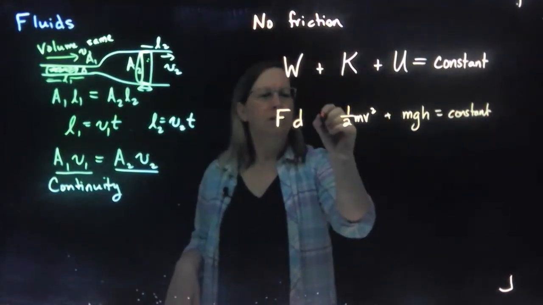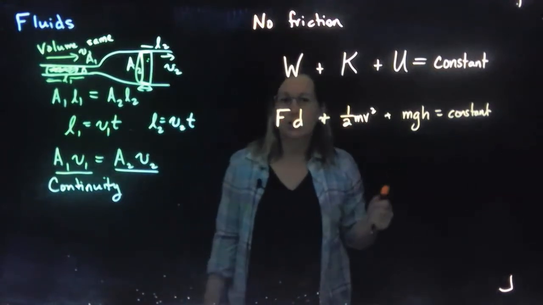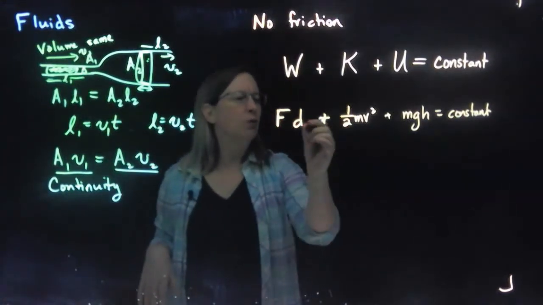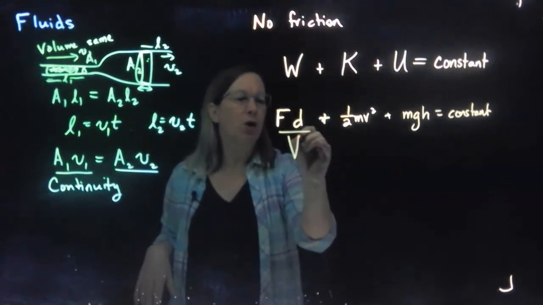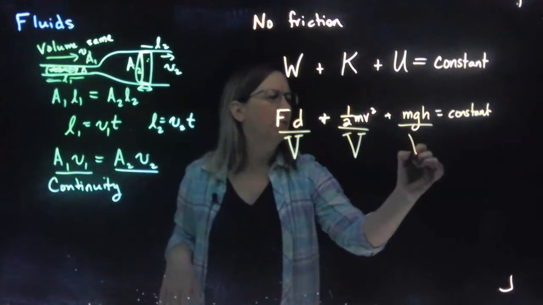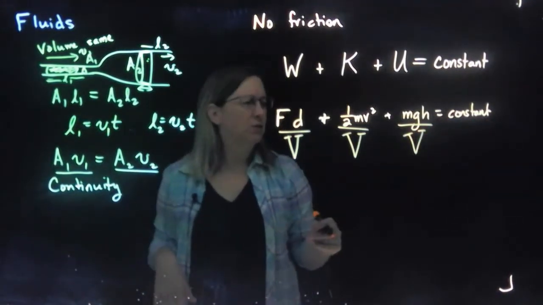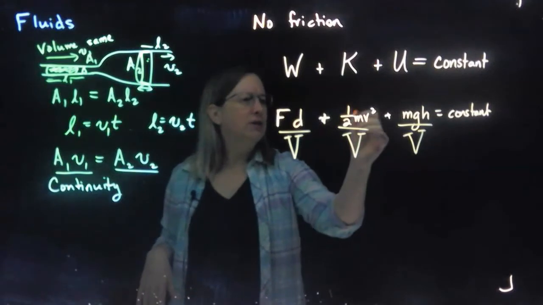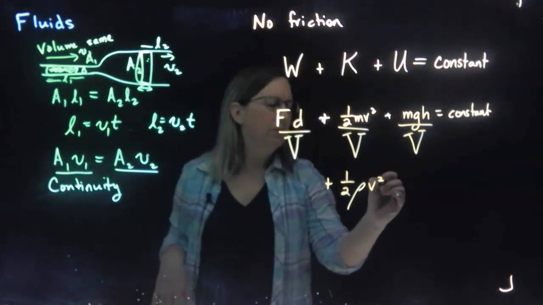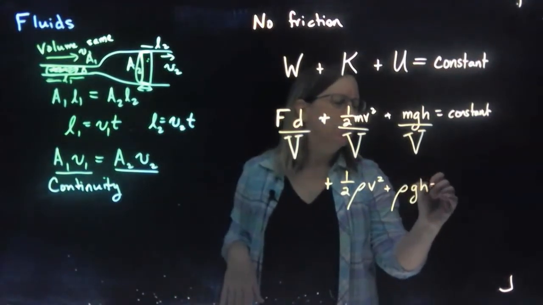But with liquids, we tend to like to work in terms of densities, right? Because we don't know how much mass we have at any one time. So if we divide everything by volume, I'm going to use capital V to separate it from the speed here, it still equals a constant. So this now gives me 1/2 the density times the speed squared plus the density times g h equals a constant.